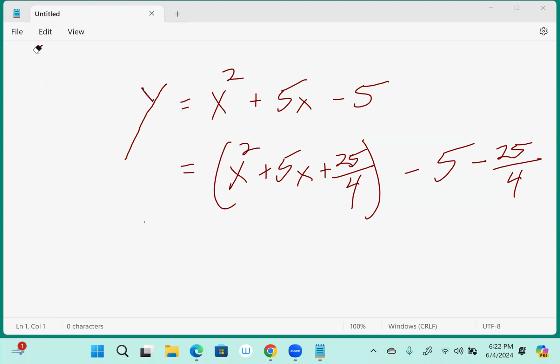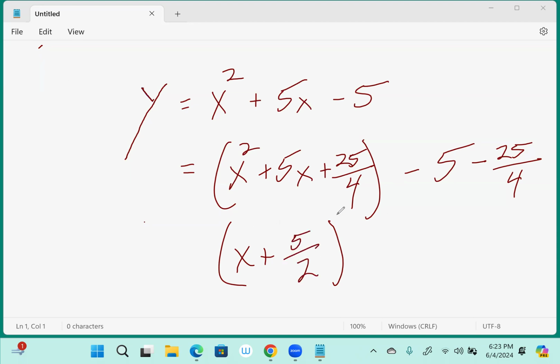Okay, so how can I write this as a perfect linear term squared? x plus, and whatever that sign is, this is going to be the same sign. Would I do 2.5 or 5/2?